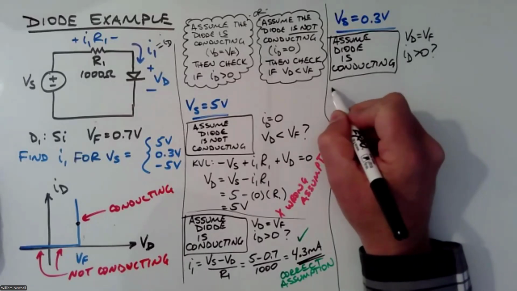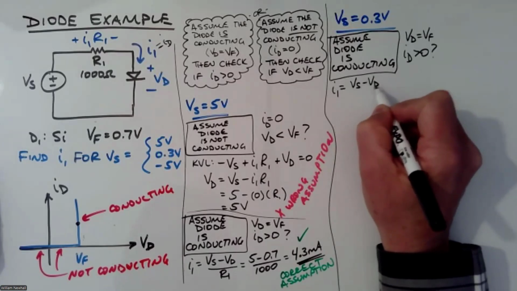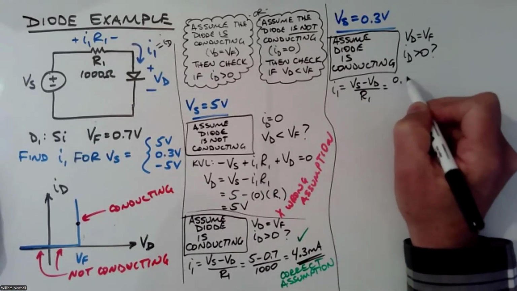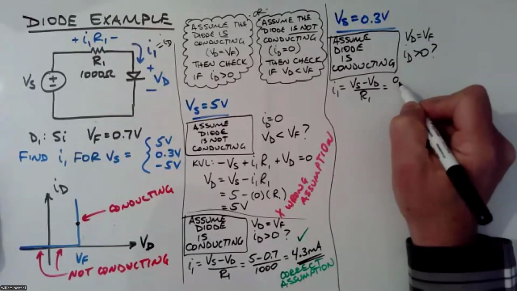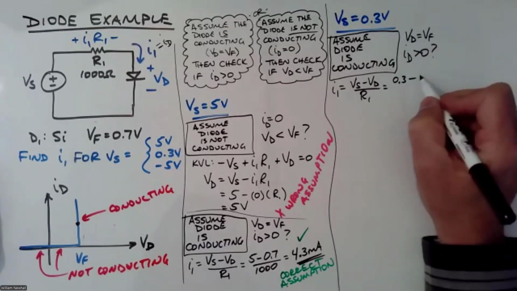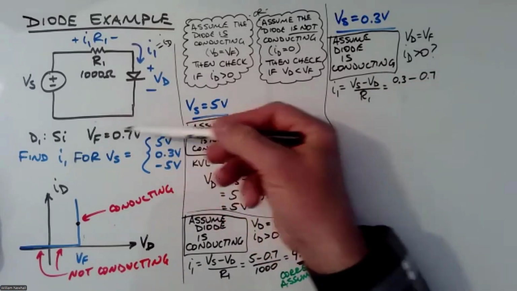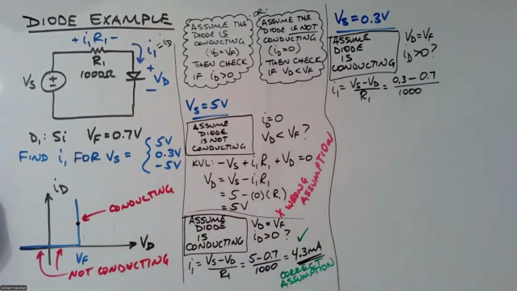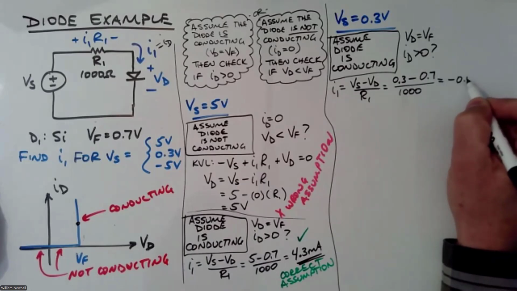So I1 or ID equals VS minus VD over R1, and that's equal to 0.3, the source, minus VD. VD is 0.7 because this is a silicon diode, over 1000. And that equals negative 0.4 milliamps.